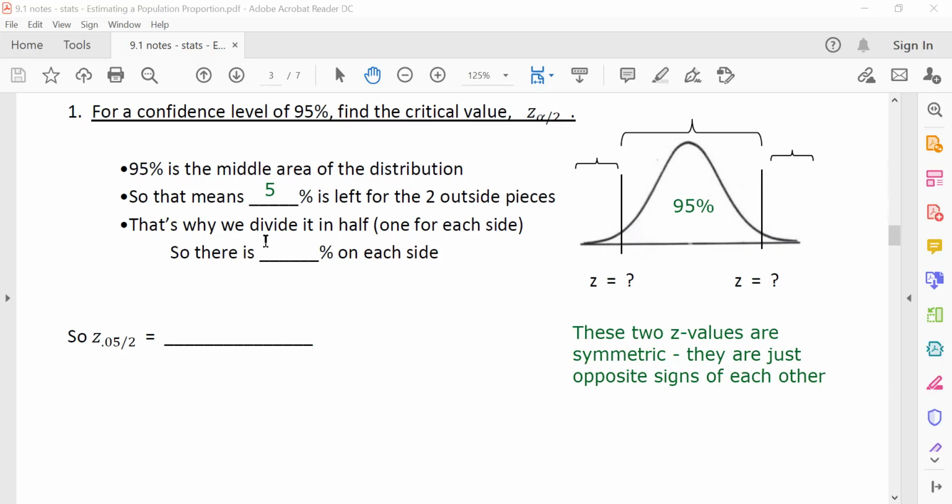So that leaves 2.5% on each side. So that's what I'm going to put here. 2.5% belongs here. Put it in red for Christmas. And 2.5% belongs here.